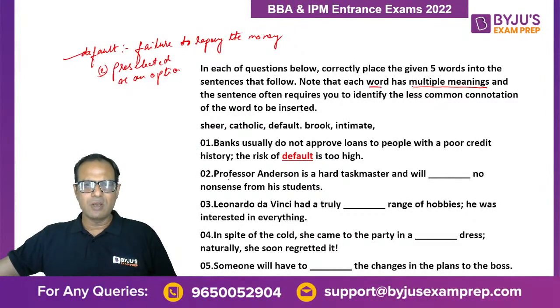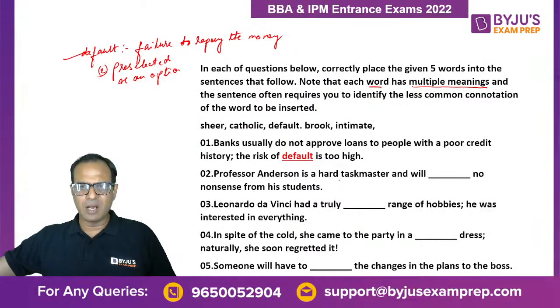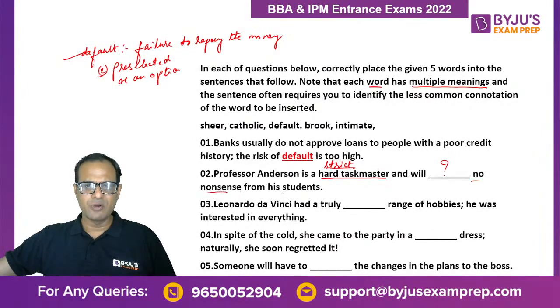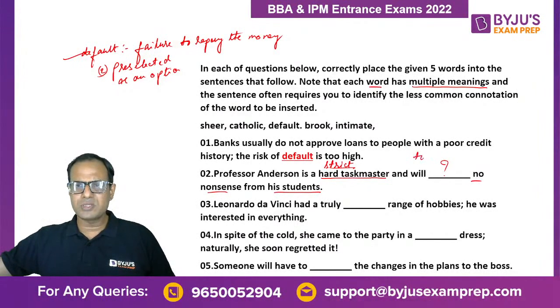The second one says, Professor Anderson is a hard taskmaster. Who is a hard taskmaster? Someone who is very strict and will take no nonsense from his students.